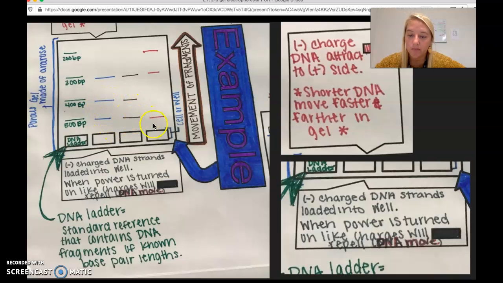For example, if this was the suspect DNA, the DNA found at a crime scene, and this was the husband's DNA, and this the gardener's DNA, the DNA of the suspect matches that of the husband, not the gardener. So it's likely that if this was a murder situation, the husband was the killer. Do we see how that works?